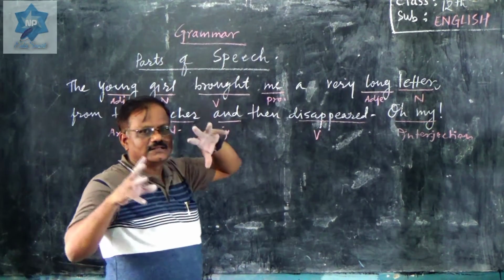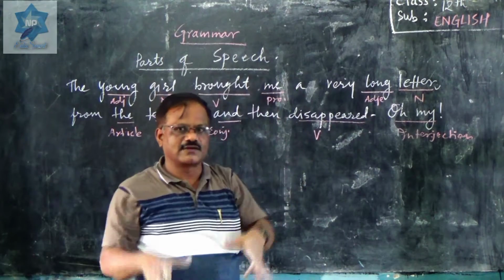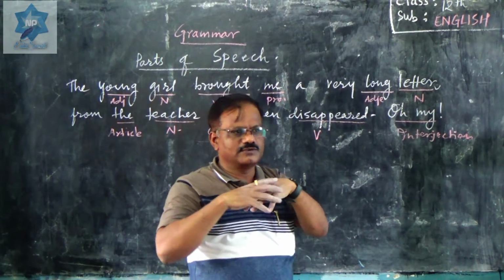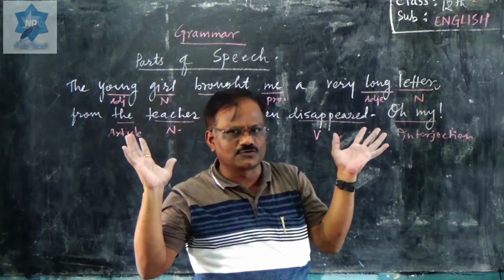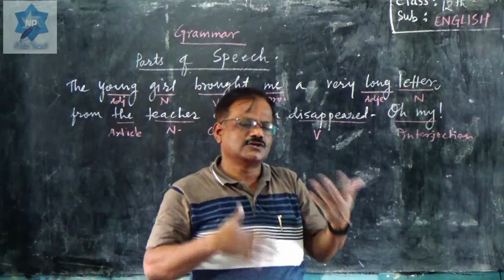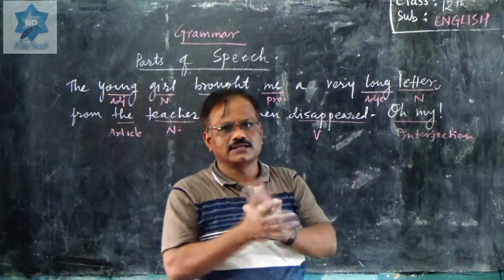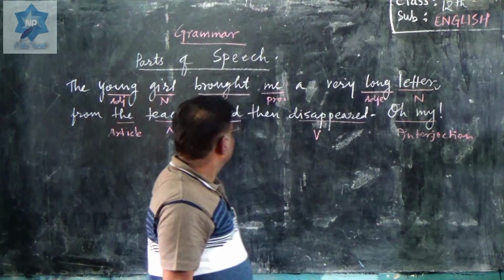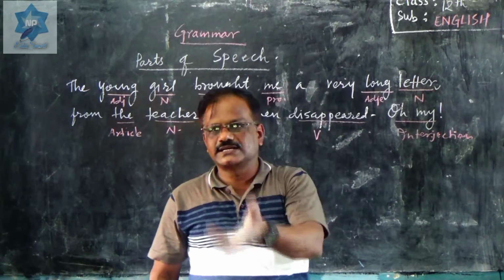For example, there are thousands or lakhs of nouns in a language. We may say there are any number of nouns, and every day you may add so many nouns into a language, so they cannot be finite. They are infinite. Verbs have specific words, and so do adjectives.